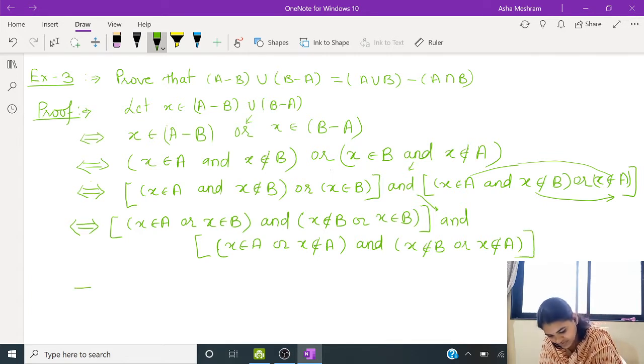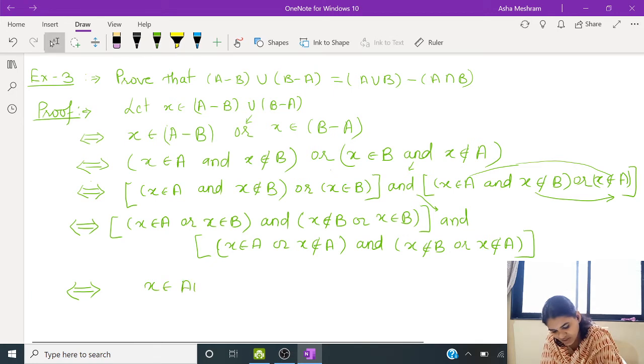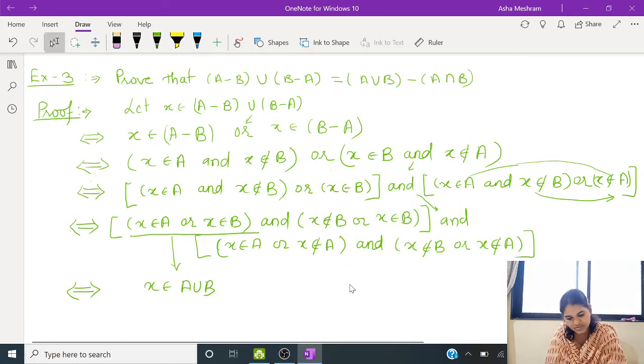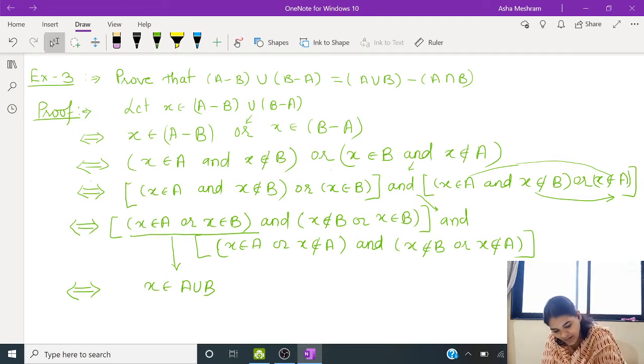So by this we can write x belongs to A or x belongs to B means what? X belongs to A union B. This sentence is replaced by x belongs to A union B by the definition of union of two sets.